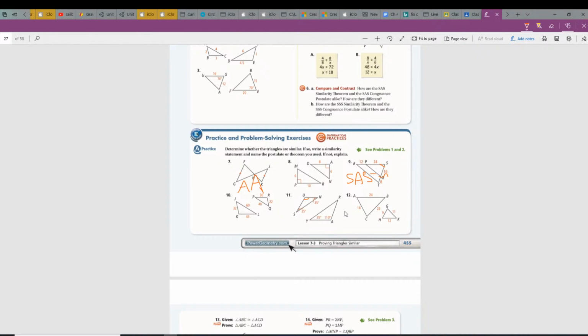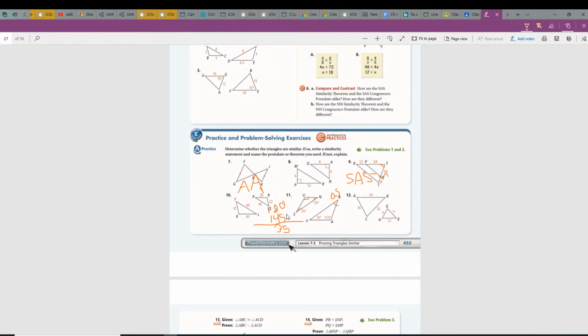So let's first solve for this angle right here. 110 plus 35 will be 145, and then subtract that from 180, and we should get 35. So this one will be 35.